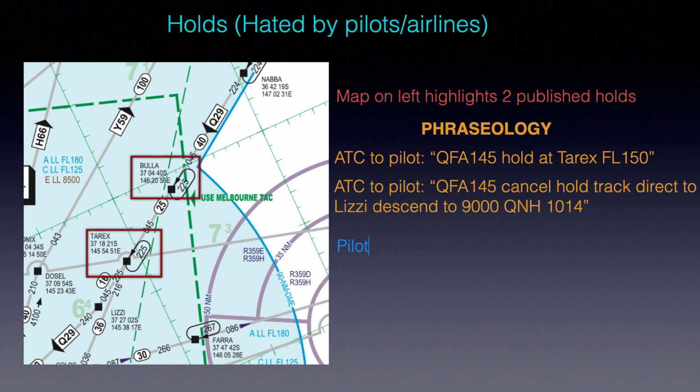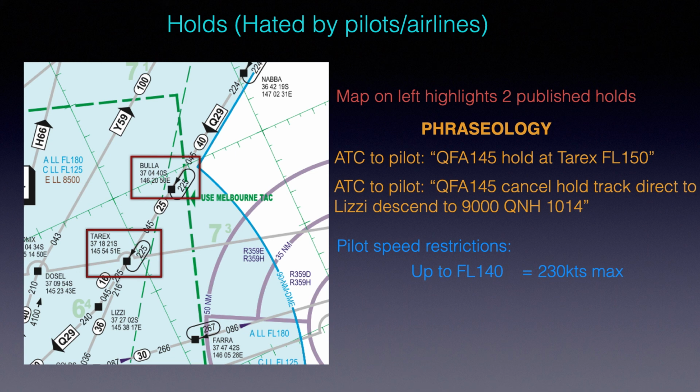Now, you as a pilot, if you're flying in one of these holds, there are certain speed restrictions that you've got to adhere to. If you get an instruction by the air traffic controller up to flight level 140, so let's say the controller says Qantas 145, descend to flight level 140, hold at Tarex, the maximum speed you can do in that hold is 230 knots.